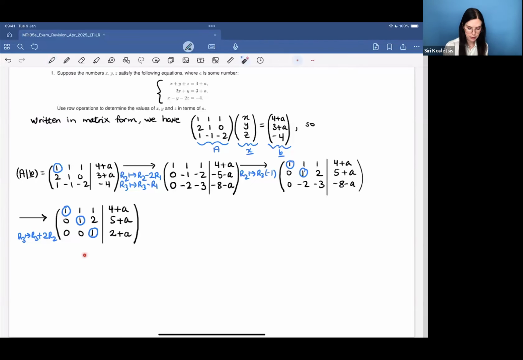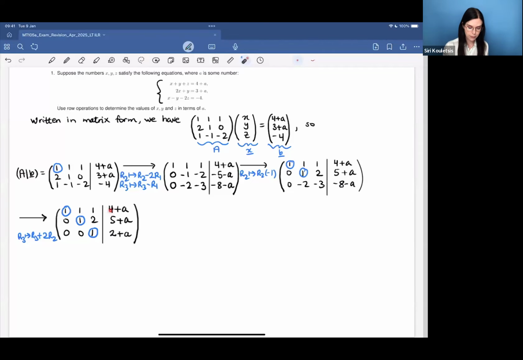So now this matrix is in upper triangular form. We have zeros below the main diagonal, and we also have leading ones on the diagonal. And so first of all, let's appreciate that this row reduced matrix here corresponds also to a system of equations, but you can see now that we have changed some of the equations.